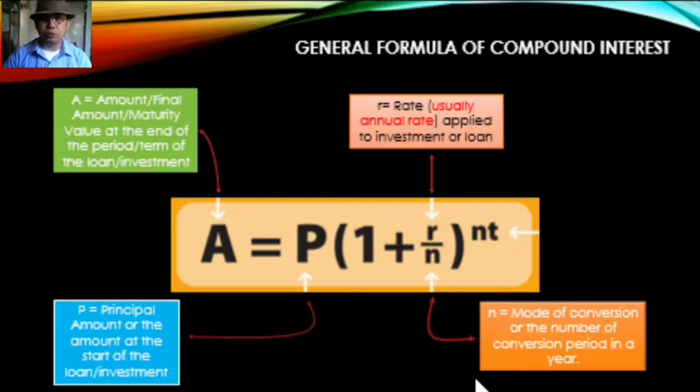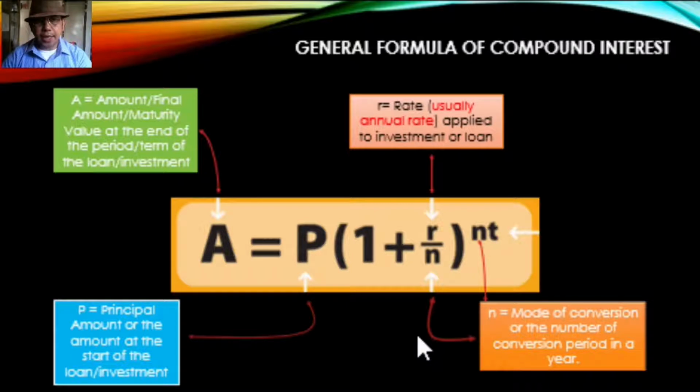When we say conversion period, this is a length of time wherein the periodical rate is applied. That is the function of the n in this equation.